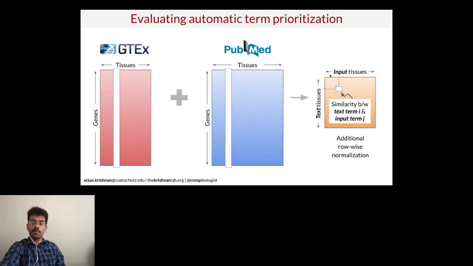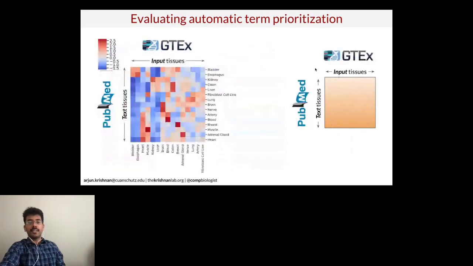So what we essentially want to do is construct this matrix where the input tissues are along the columns, text tissues are along the rows, and every value is supposed to be the similarity. This is an example of an output that we get. What we want to do is go to a single column, which is the GTEx tissue, and ask whether the tissue that corresponds to the correct input is actually ranked highly based on the text.